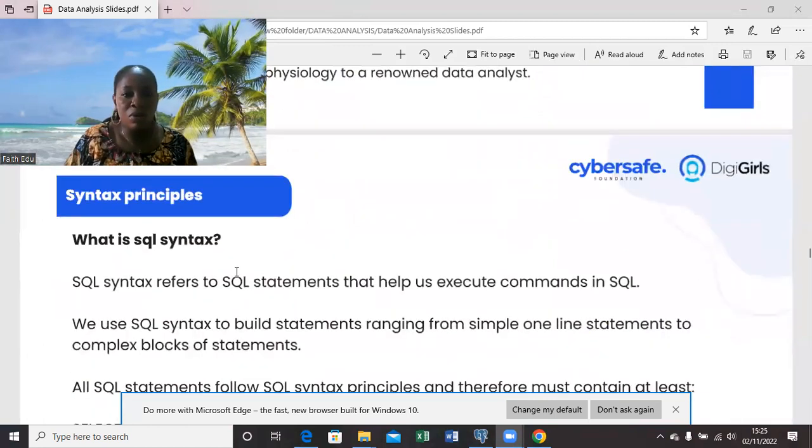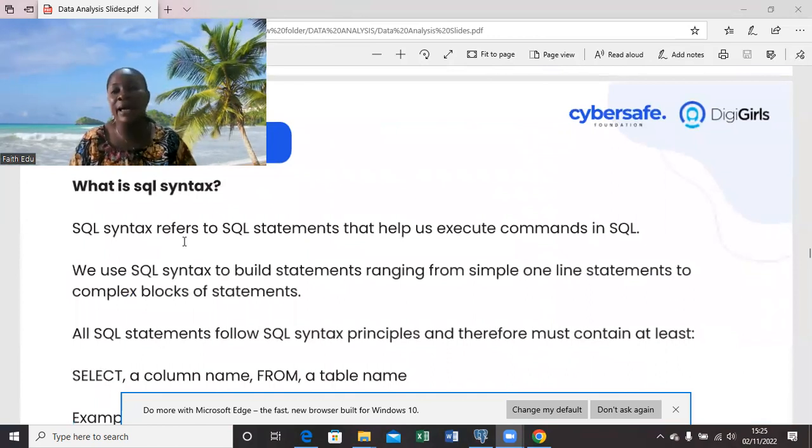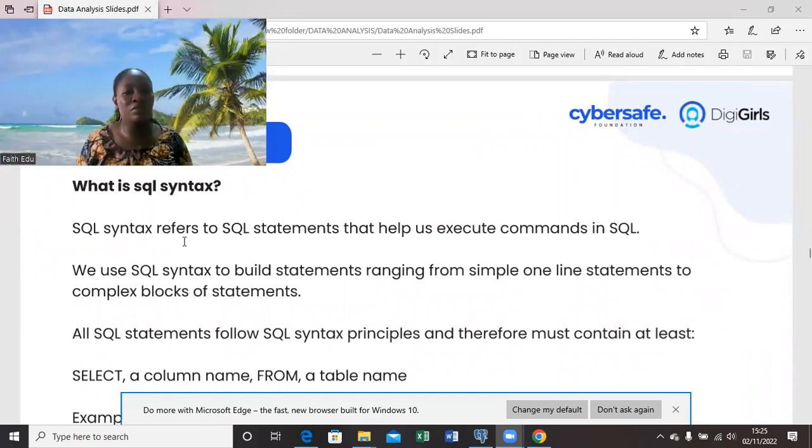So what is SQL syntax? SQL syntax refers to SQL statements that help us execute commands in SQL language. We use this syntax to build statements ranging from simple statements to complex blocks of statements.